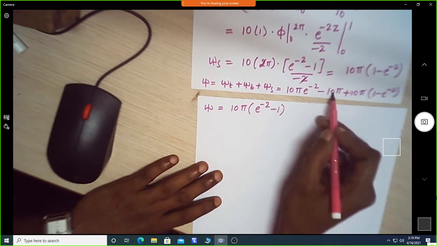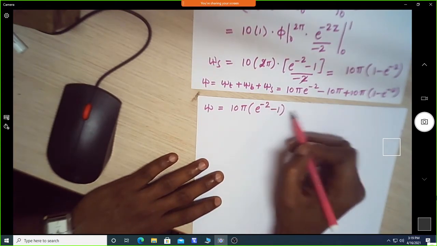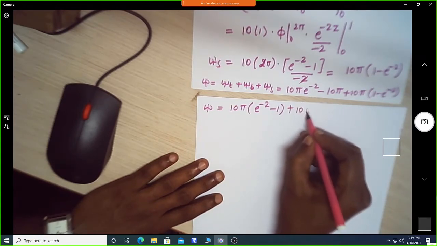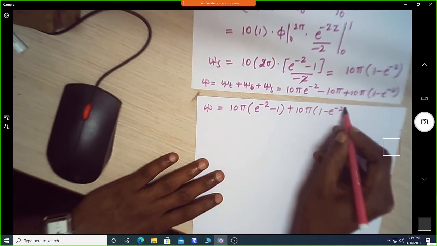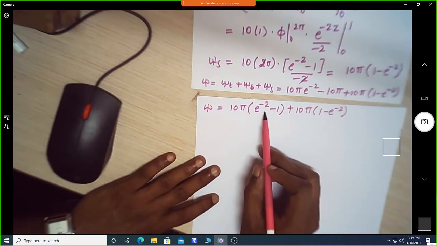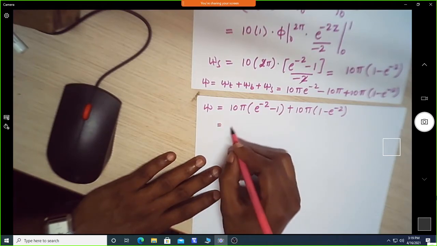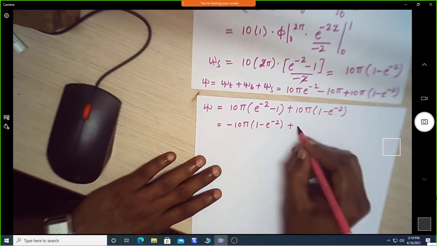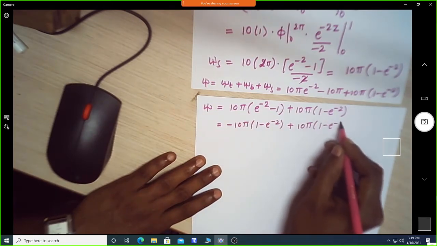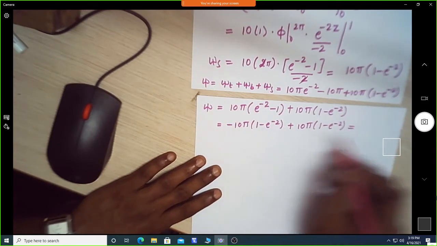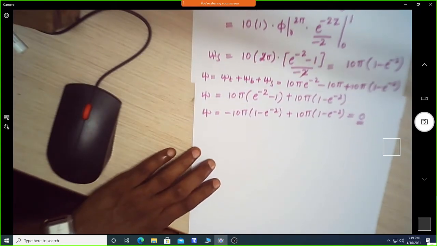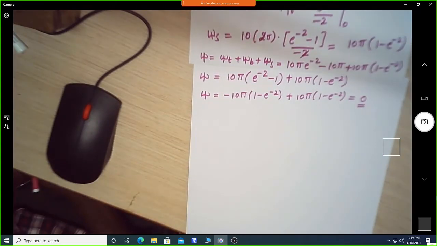If I take the minus outside from one of the terms, it becomes minus 10 pi into (1 minus e power minus 2) plus 10 pi into (1 minus e power minus 2). These cancel each other and give 0. Now the total flux from this cylinder is equal to 0. Is it understood?